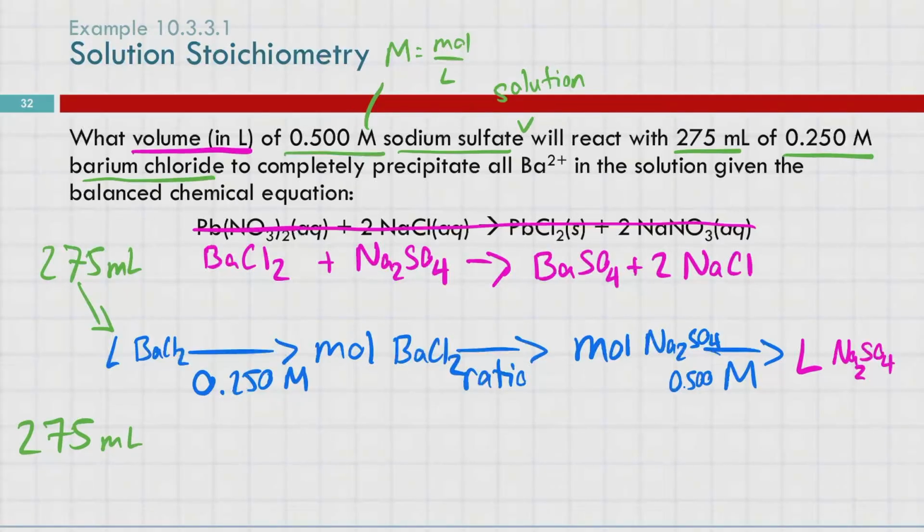Another way that you can figure out where to start: we have two things for barium chloride. That's the thing we're starting with. And anytime that we've got liters and molarity or moles and molarity, we're going to find the other thing. We're always using molarity as a conversion factor.